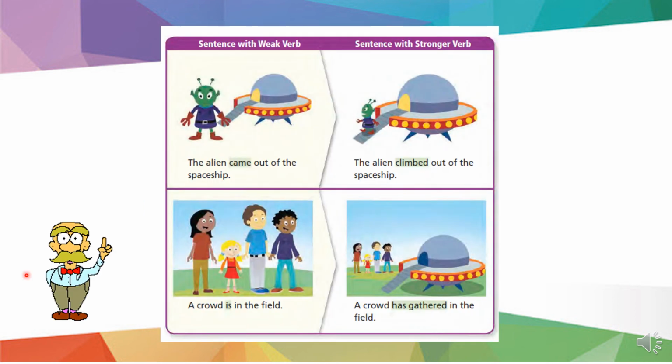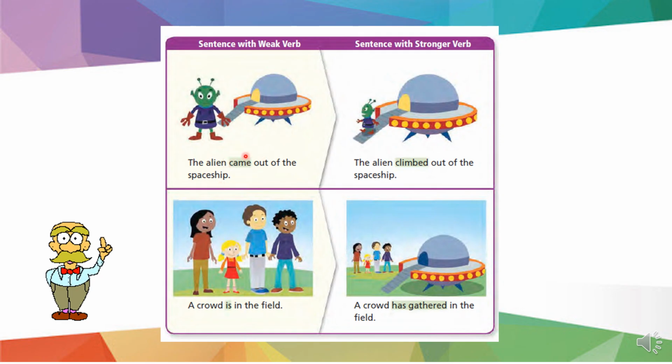Now, let's talk about how you can use action verbs, linking verbs, and helping verbs in improving your writing. Okay, so we have examples in here of sentences with weak verbs and sentences with stronger verbs. Now, first example goes, the alien came out of the spaceship. Okay, so you have your verb came.